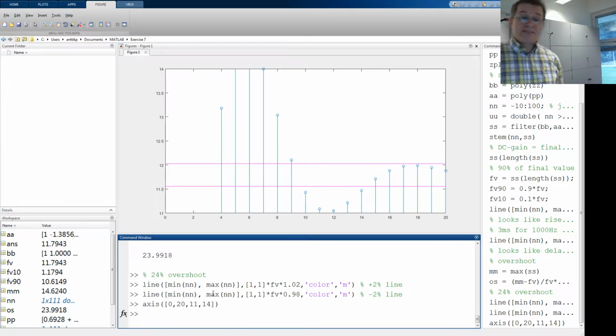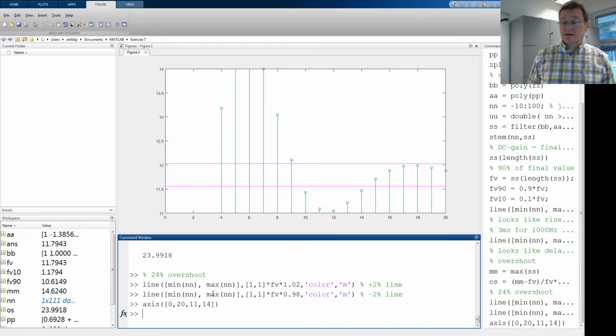Okay, so the question is at which time this oscillating signal goes to the last point which is outside of the region.